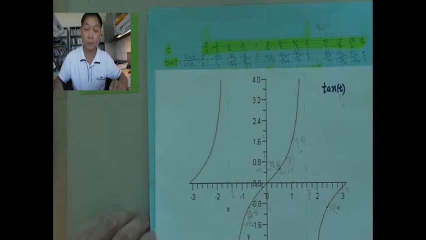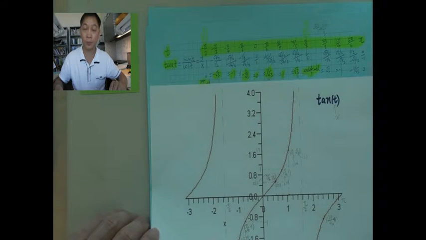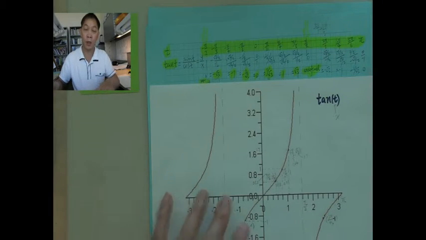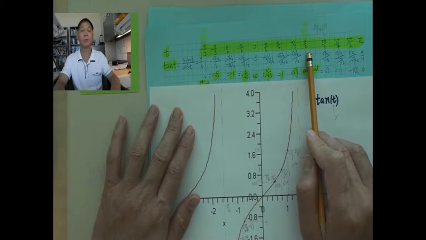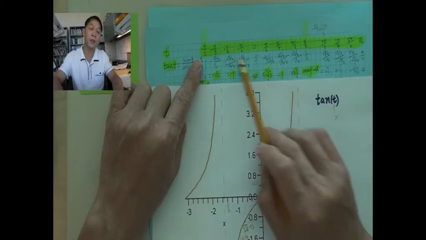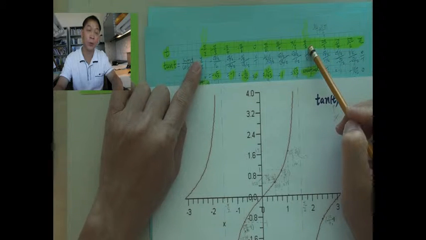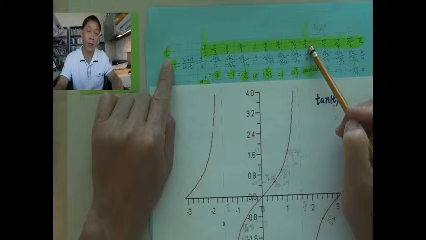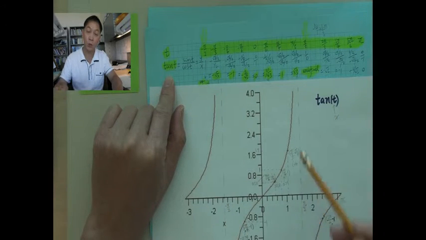We did graph y equals tang x. Those are the special values. Starting from negative pi over 2 to positive pi over 2, we have tang x in this part.